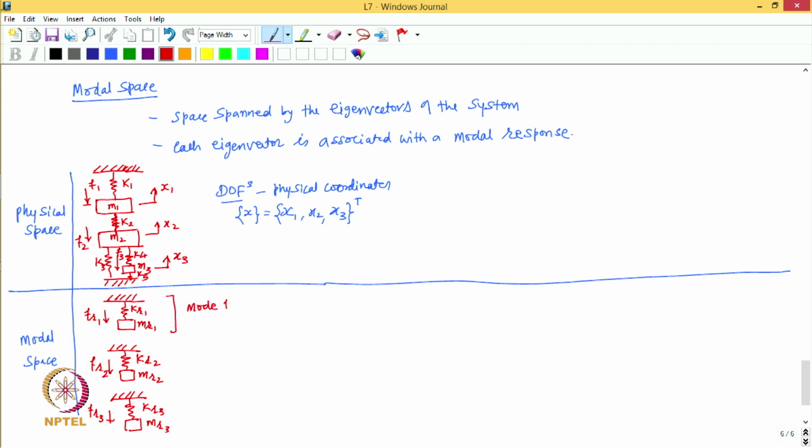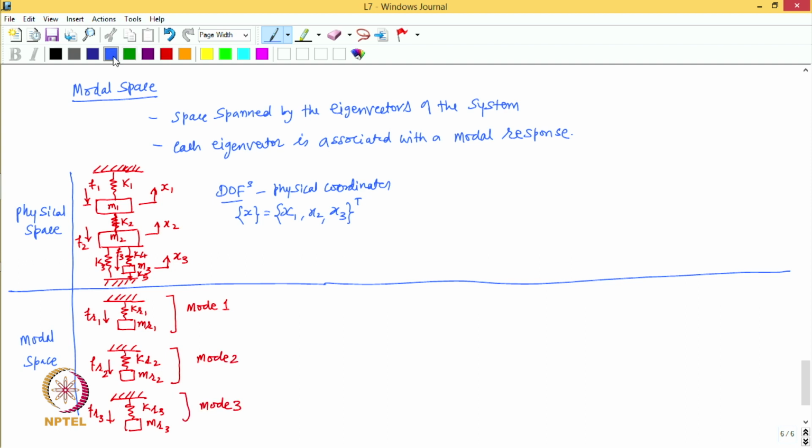It represents the participation of mode 1 in the response. It basically states the dynamic equilibrium of the system in mode 1. This one is for mode 2 and this one is for mode 3.